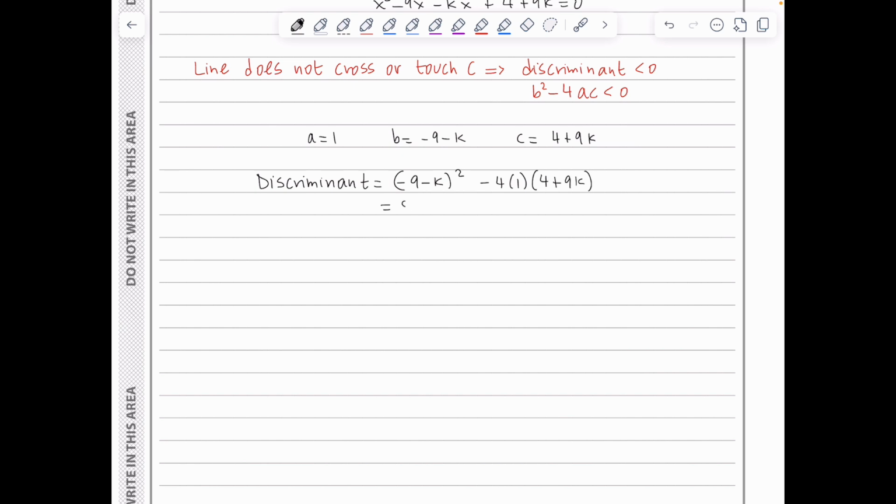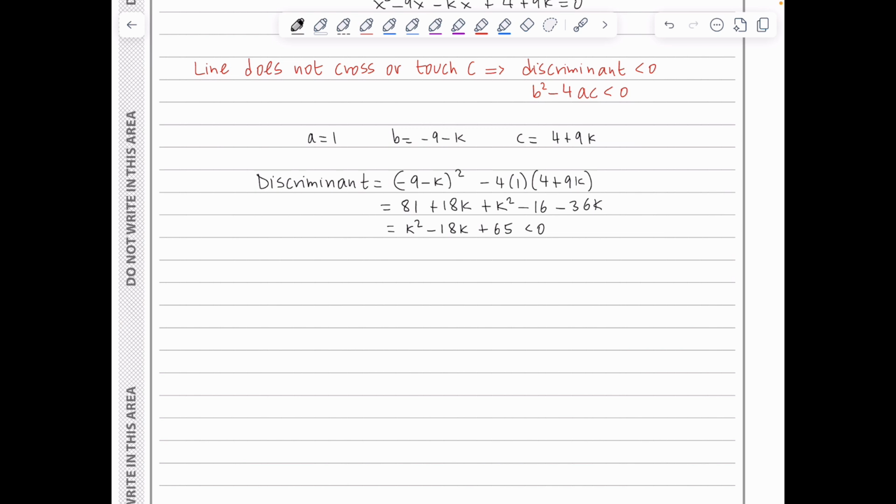I will expand this to get 81 plus 18k plus k squared minus 16 minus 36k. If I collect like terms together, I get k squared minus 18k plus 65, and we said that we want the discriminant to be negative, so this is less than 0.